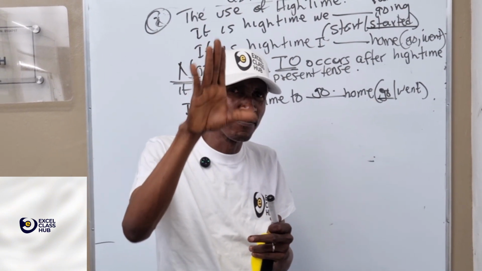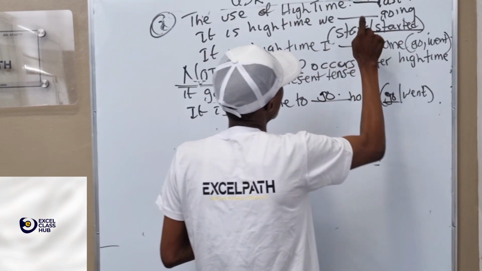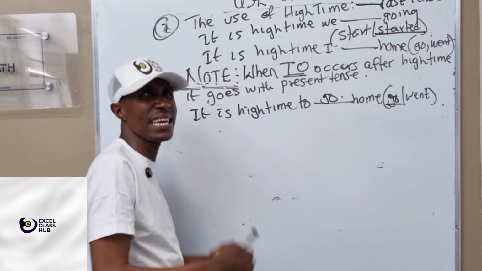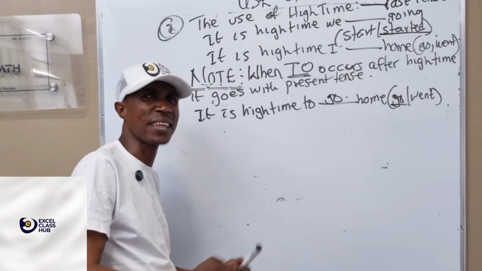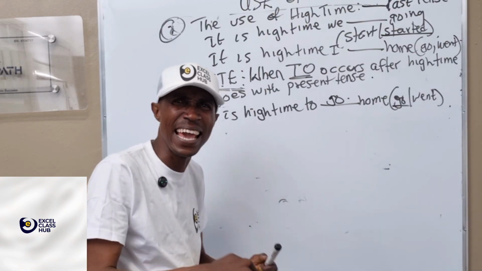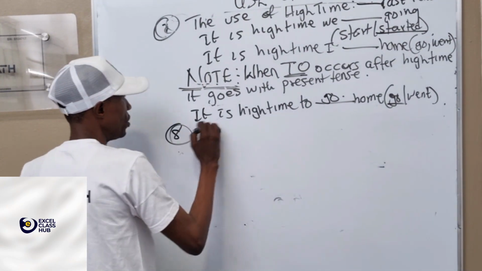There are seven in number. Whenever you make use of them, you know that it goes with what? Past tense. But immediately to occurs after the high time, it goes with your what? Present tense.